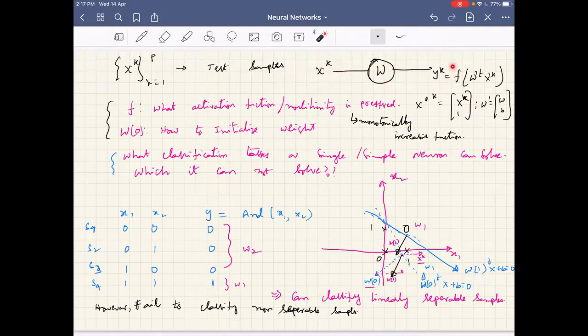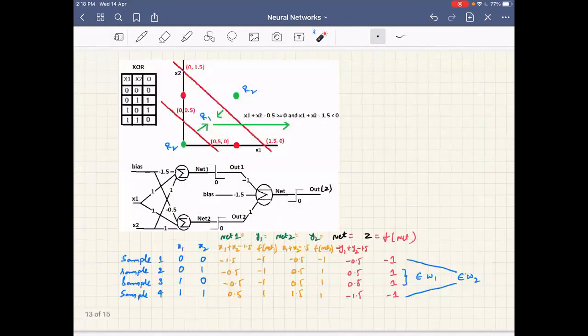If this is a monotonically increasing function, we can only perform a linear classification of separable samples. We can only separate if the samples are linearly separable, from class 1 and class 2, right? And this is known to be a very important and great limitation of the neuron.